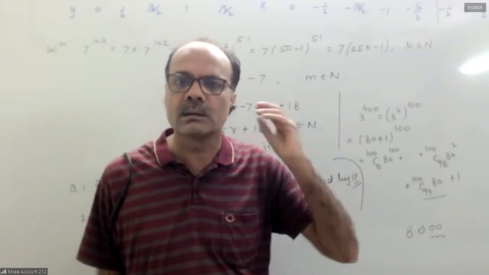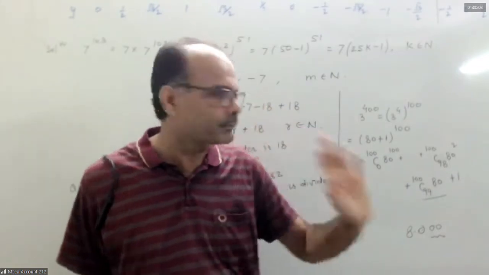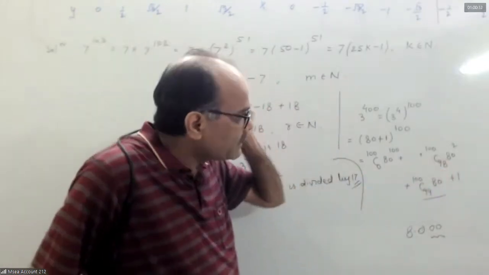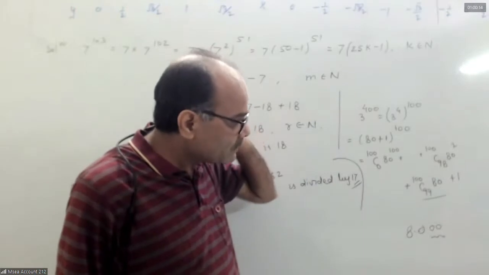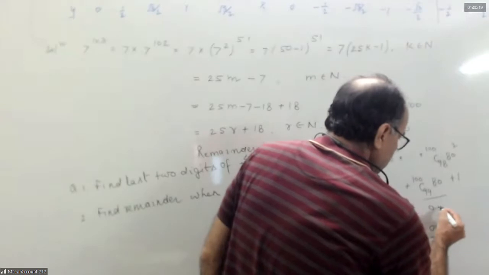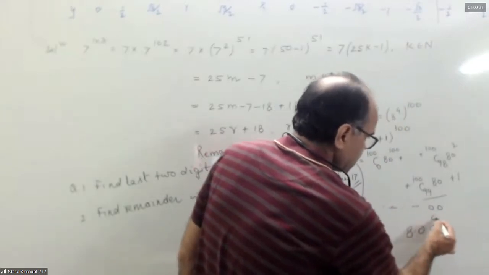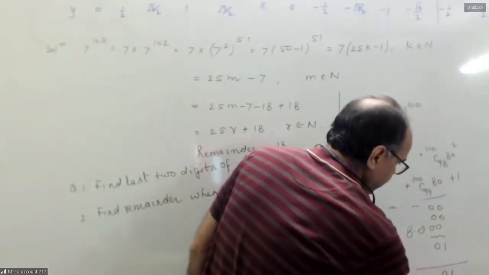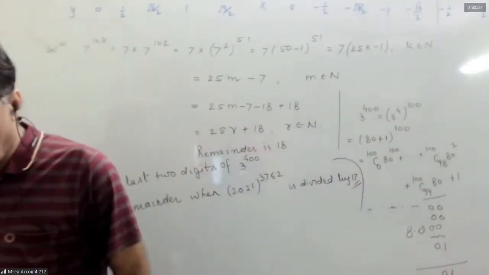In all these terms, the last 2 digits will be 0 except the last term. So the number will be something like 0, 0 added up; before that, whatever it is, 0, 0, and the last term 0, 1. What will be the last 2 digits? 0, 1.